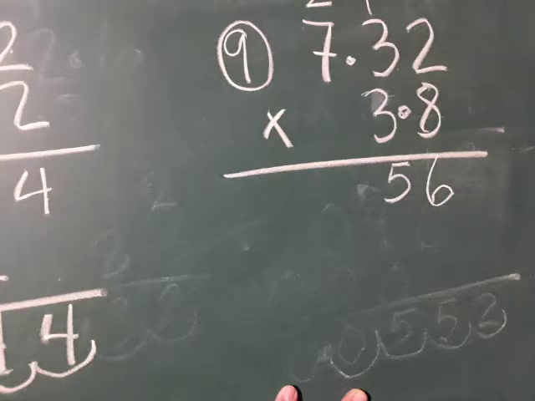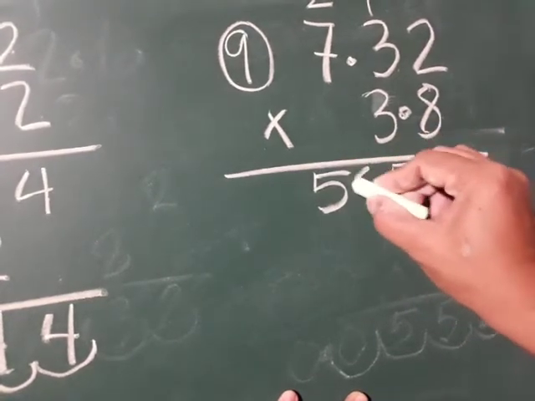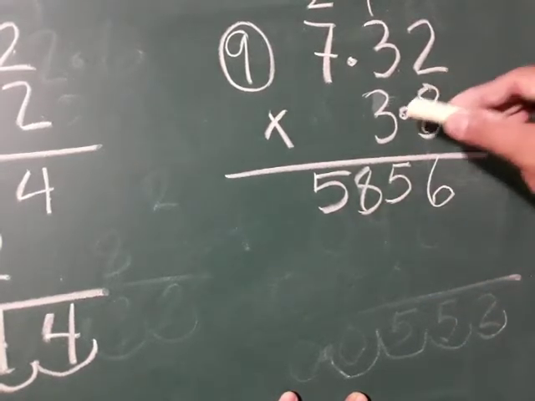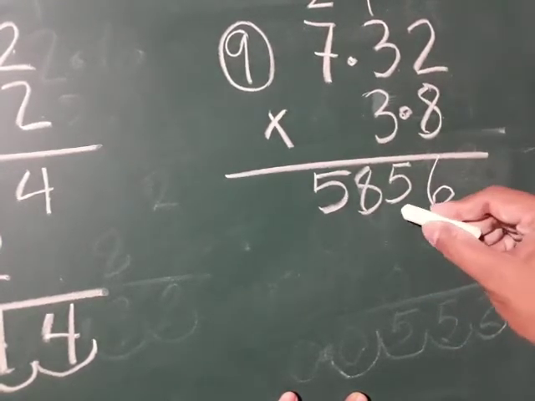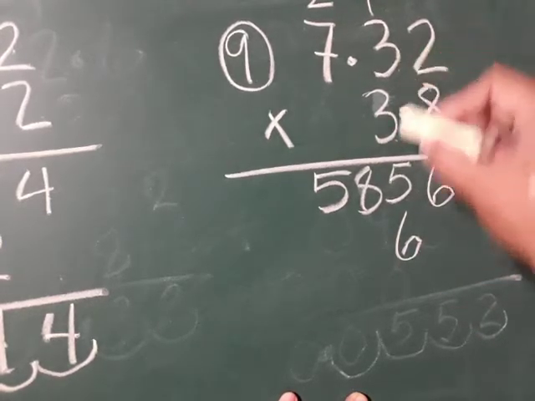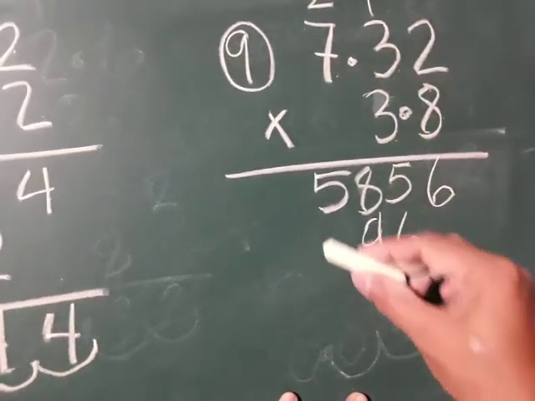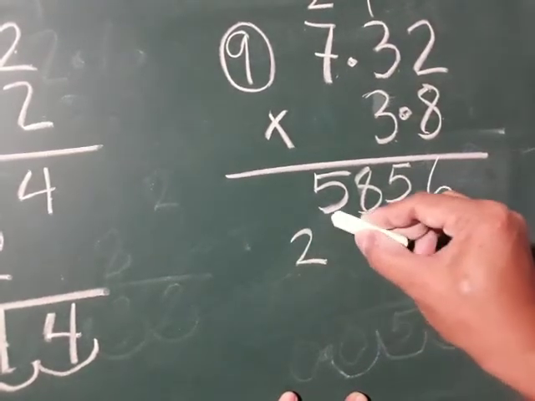Next, 8 times 7 is equal to 56 plus 2 is equal to 58. Next, 3 times 2 is equal to 6. 3 times 3 is equal to 9. 3 times 7 is equal to 21.